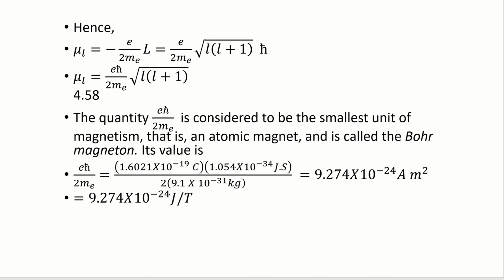Its value is equal to e h bar over 2 m sub e equals 9.274 multiplied by 10 to the power minus 24 ampere meter squared, and it's also equal to 9.274 multiplied by 10 to the power minus 24 joule per Tesla.